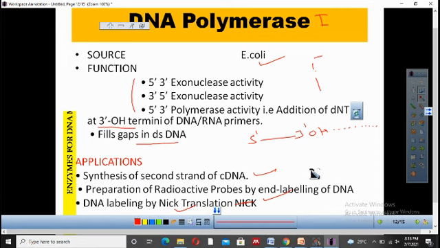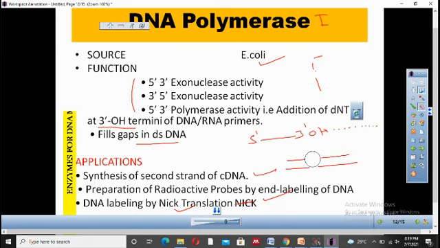Translation means protein synthesis, but nick translation is another process: this is the strand, and after the cut is there, there is degradation, and after the degradation the new nucleotide is added according to the need, or you can say the radiolabel.